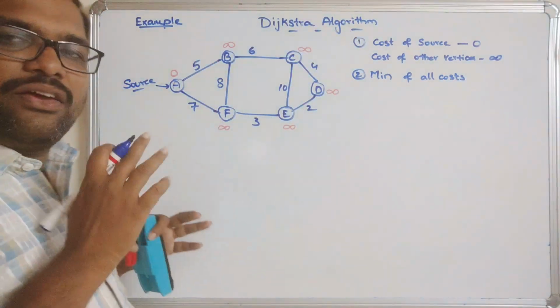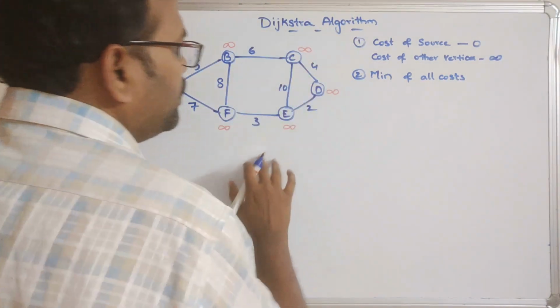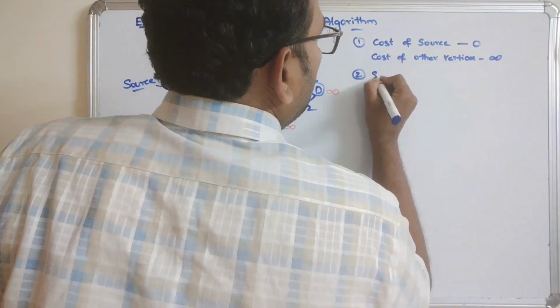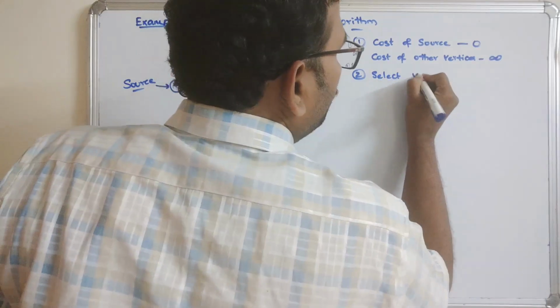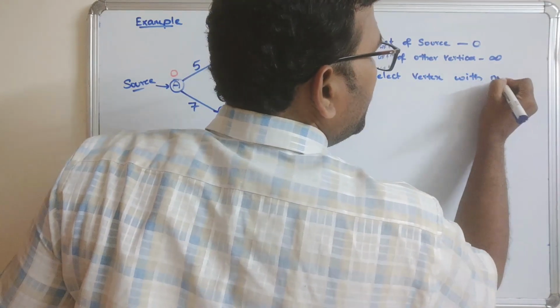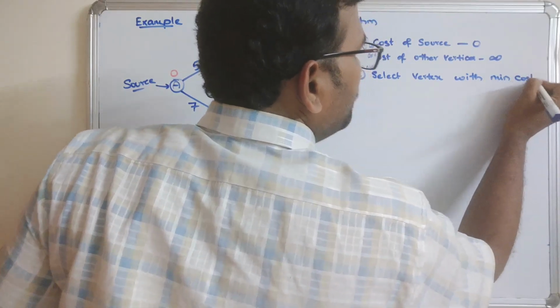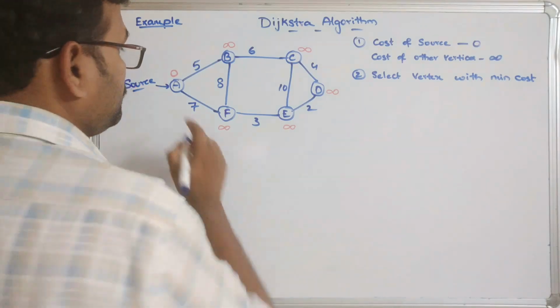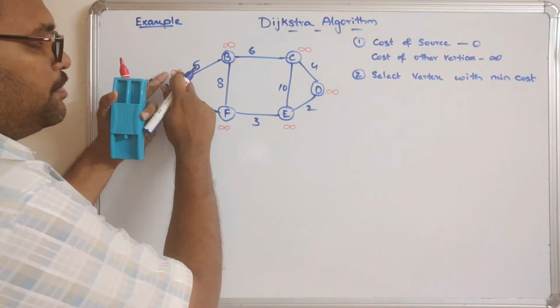Select the vertex with minimum cost. So what is the minimum cost? A, right? So select this one.